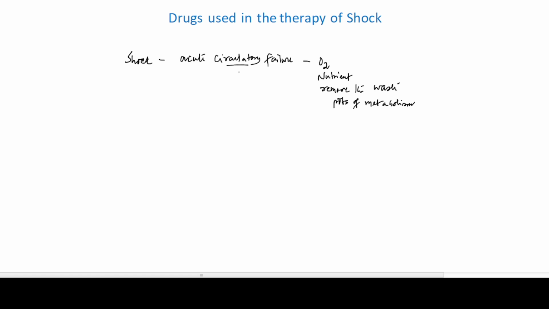So, if there is acute circulatory failure, it means that the cardiac output is inadequate to provide adequate tissue perfusion.